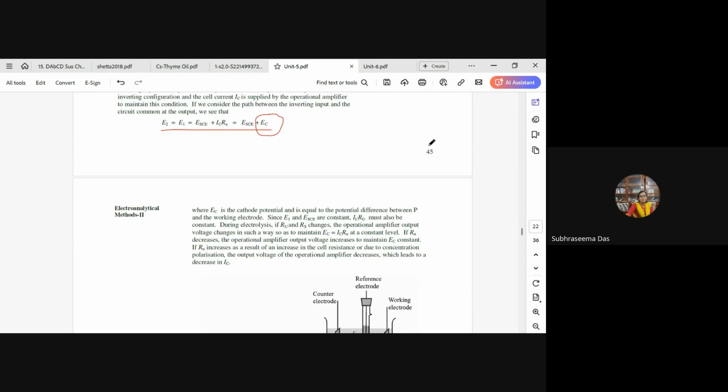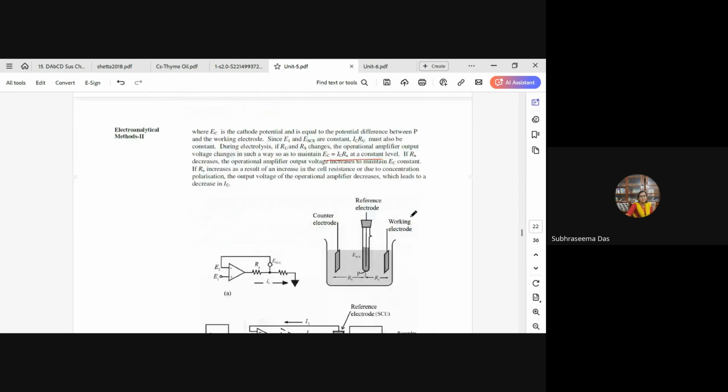During electrolysis, if the resistance Ru changes, the amplifier must be maintained in such a way that we get EC equal to IC into Ru.